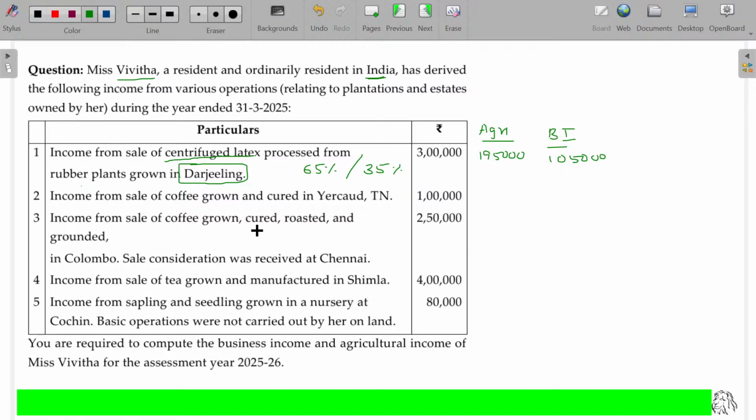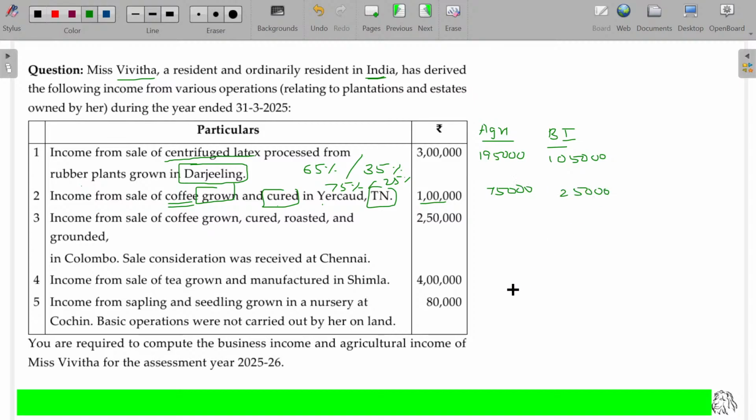Now, income from sale of coffee grown and cured in Yercaud, Tamil Nadu. Grown and cured only, not roasted and ground. So 75/25 will be applicable. 75,000 is not taxable. Only 25,000 is considered as business income.